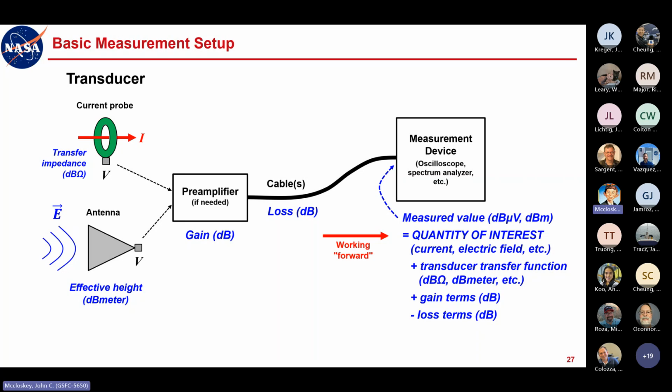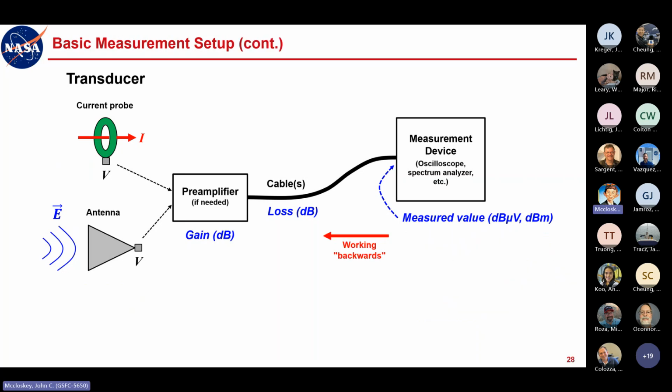Okay. So then you have to flip that around, because again, you're working backwards, because you're starting with your measured value. So then you have to add your loss terms and then subtract your gain terms. And I'll harp on this because it's important. At least I think everything in here is important, right?